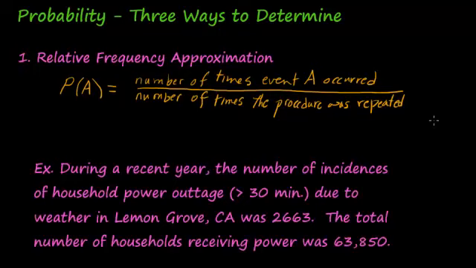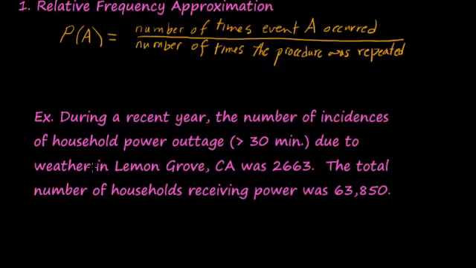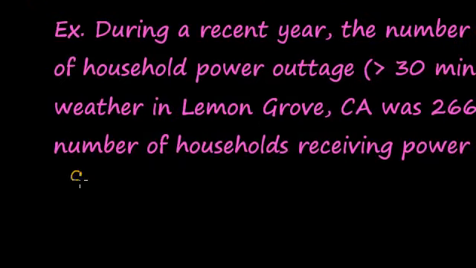Okay, during a recent year, the number of incidences of household power outage greater than 30 minutes due to weather in Lemon Grove, California was 2,663. The total number of households receiving power was 63,850. So let's think about what our sample space is.